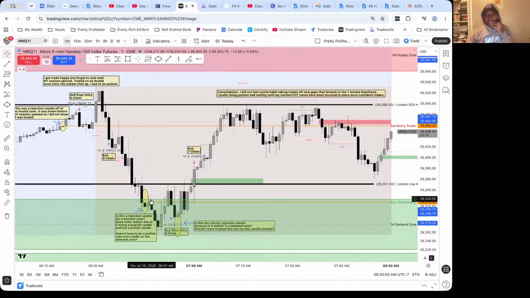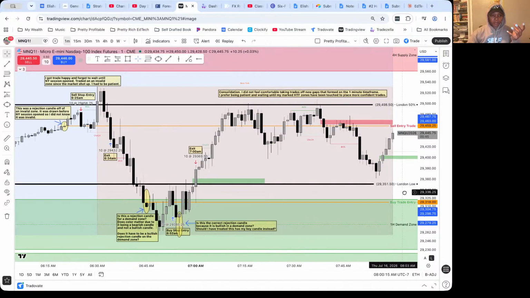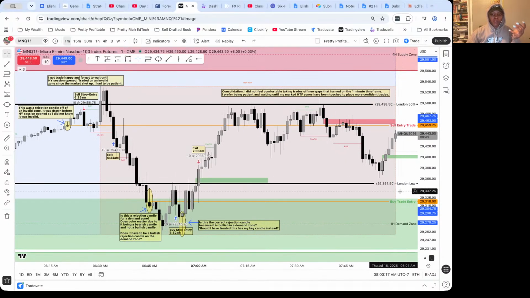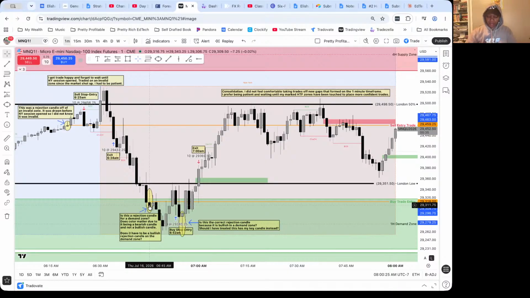It's a bearish rejection candle. So does it still count? Or does the rejection candle have to reject the momentum of that trend?